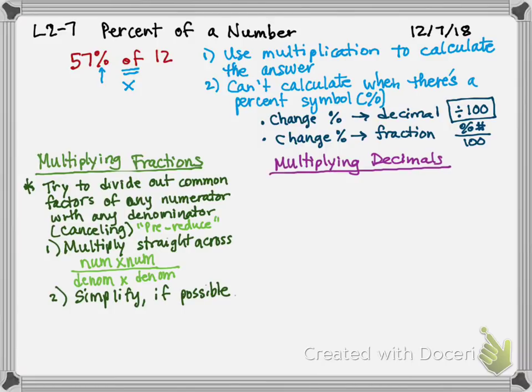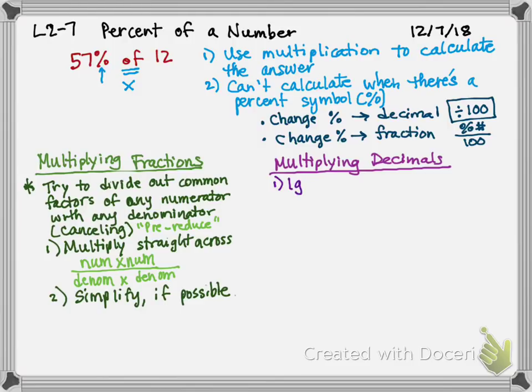Okay, so going through the steps, number 1, when we're going to do this multiplication, we're going to just temporarily forget that there's any decimal places or any digits after decimal points and any decimal points altogether.